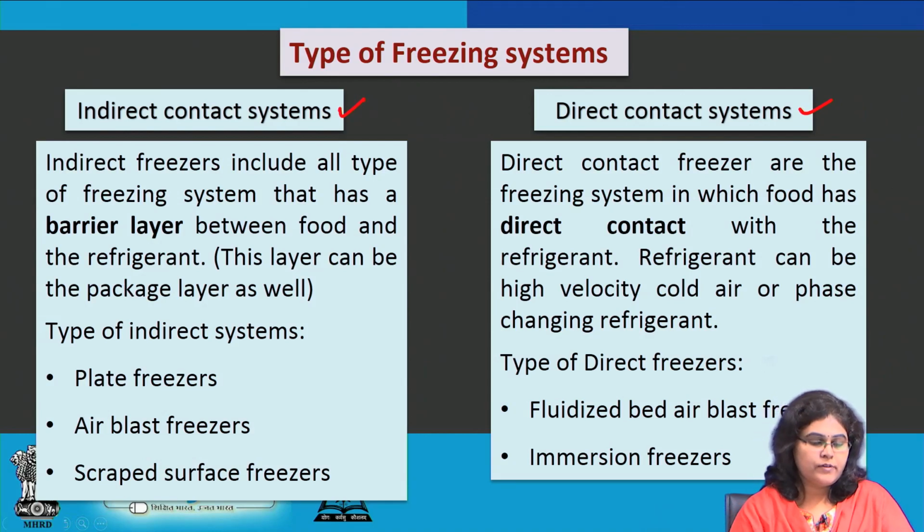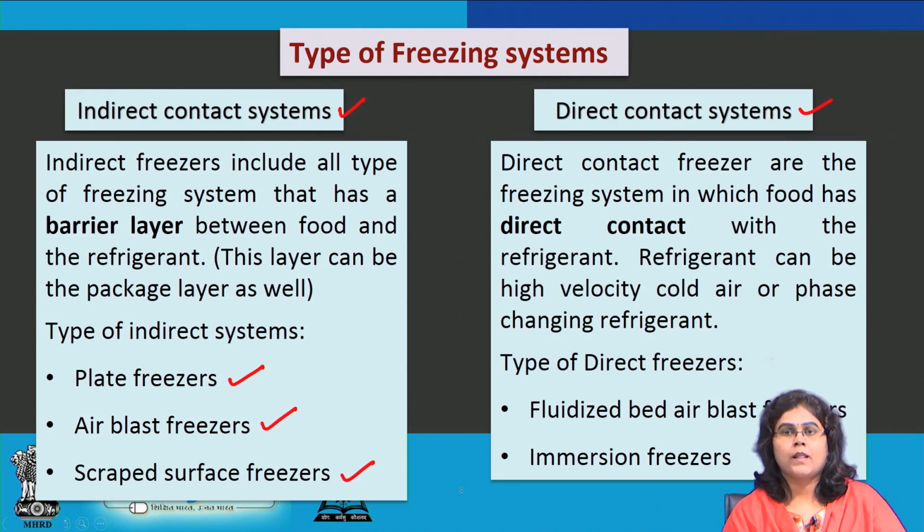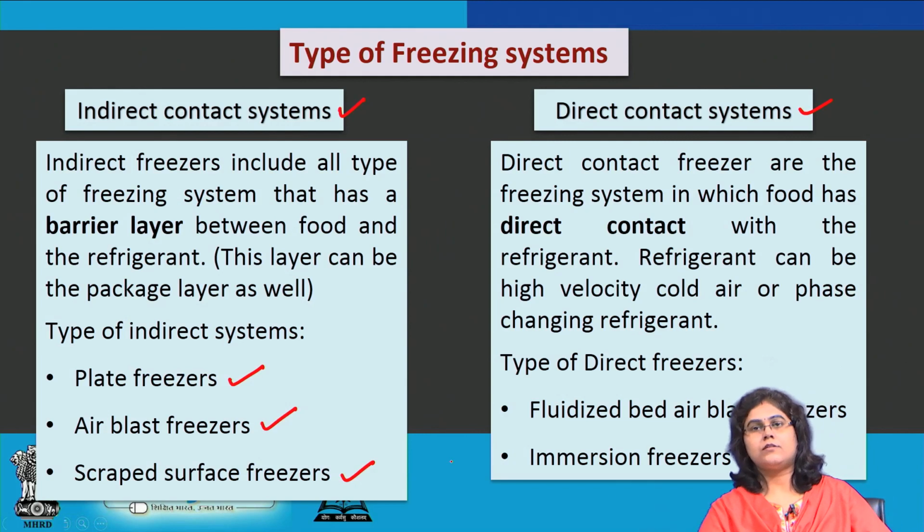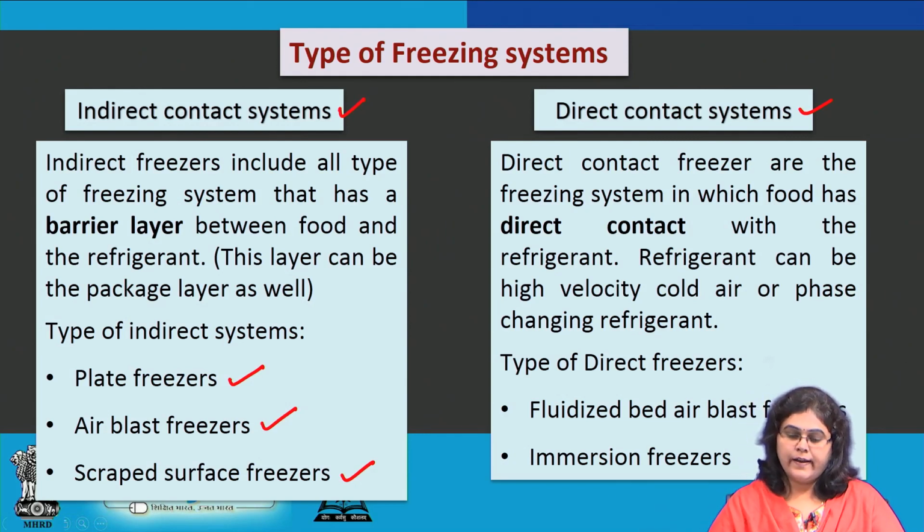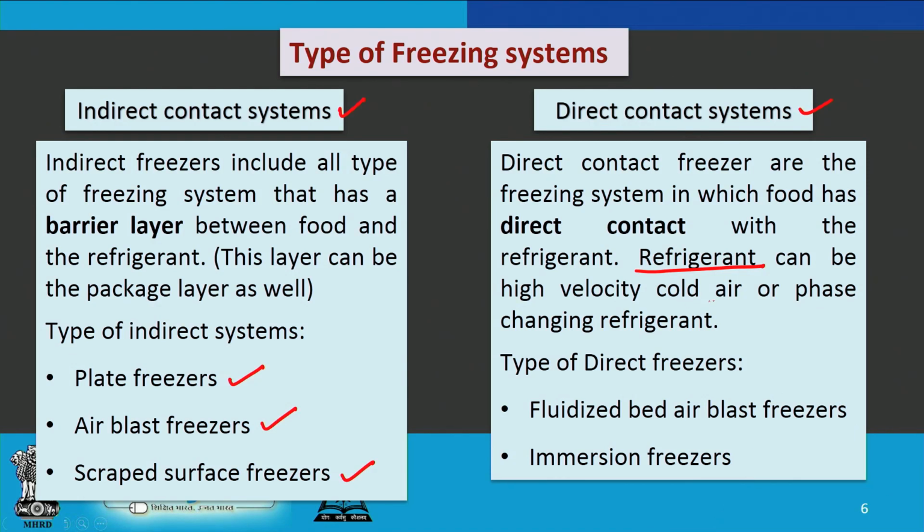The different types of indirect systems are plate freezers, air blast freezers and scraped surface freezers. Direct contact freezers are freezing systems in which food has direct contact with the refrigerant, which can be high velocity cold air or some phase changing refrigerants. The types of direct freezers include fluidized bed, air blast freezers and immersion freezers.